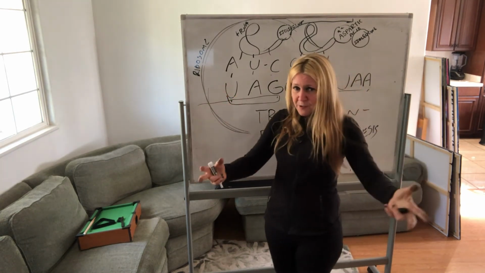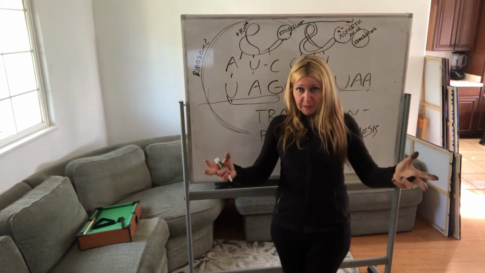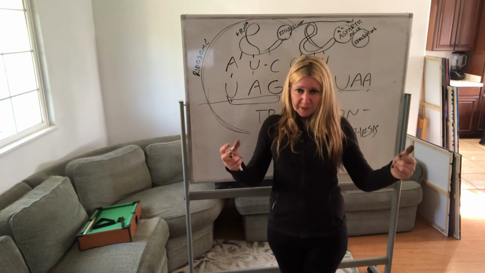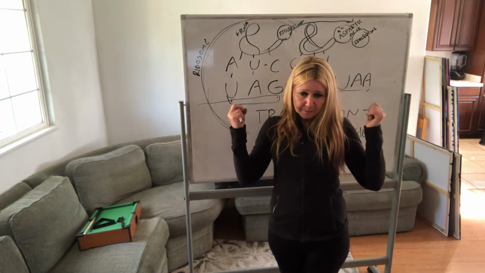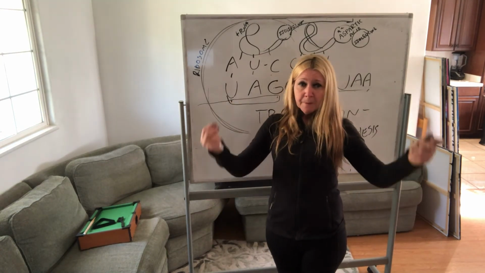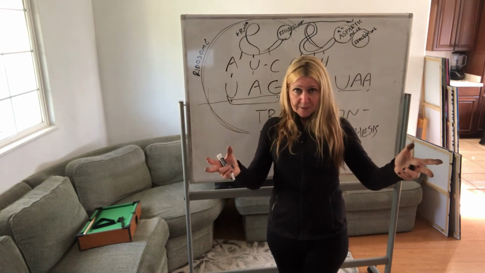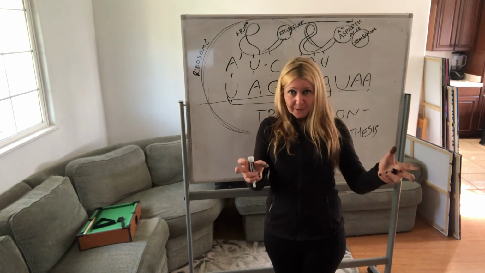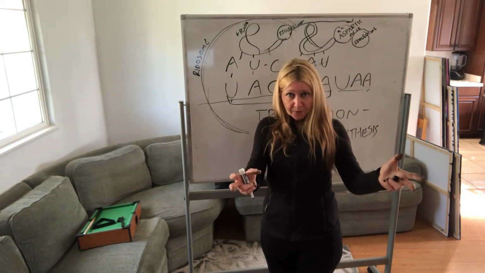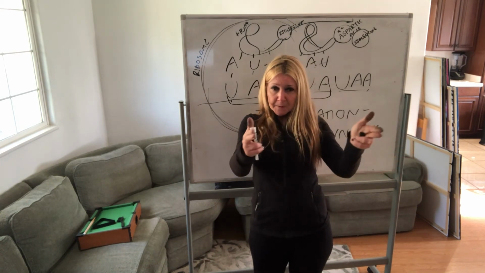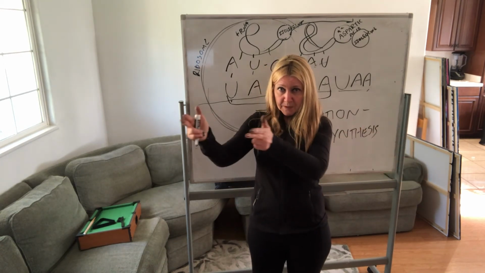So this is also called the central dogma of biology. Dogma is like a principle or a theory. The central dogma of biology states that information in living things, in your cells, goes from DNA to RNA to protein.